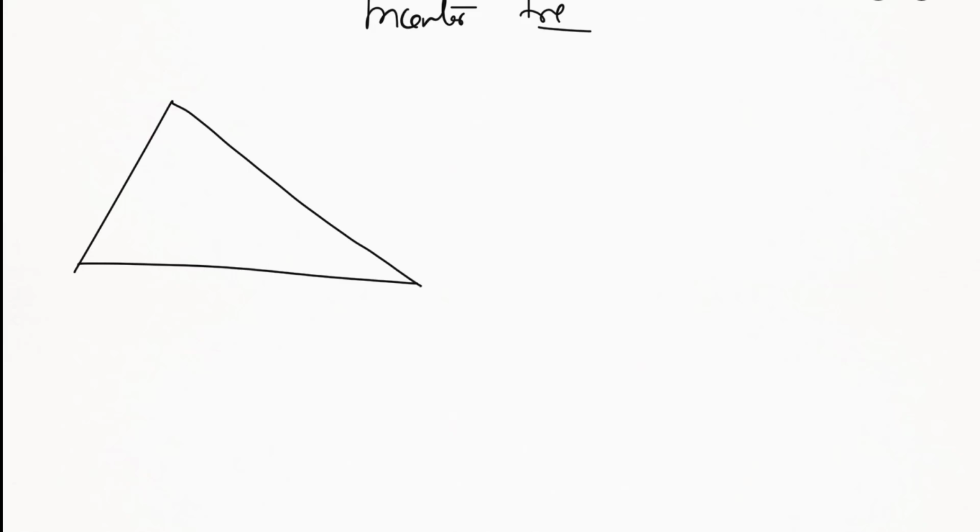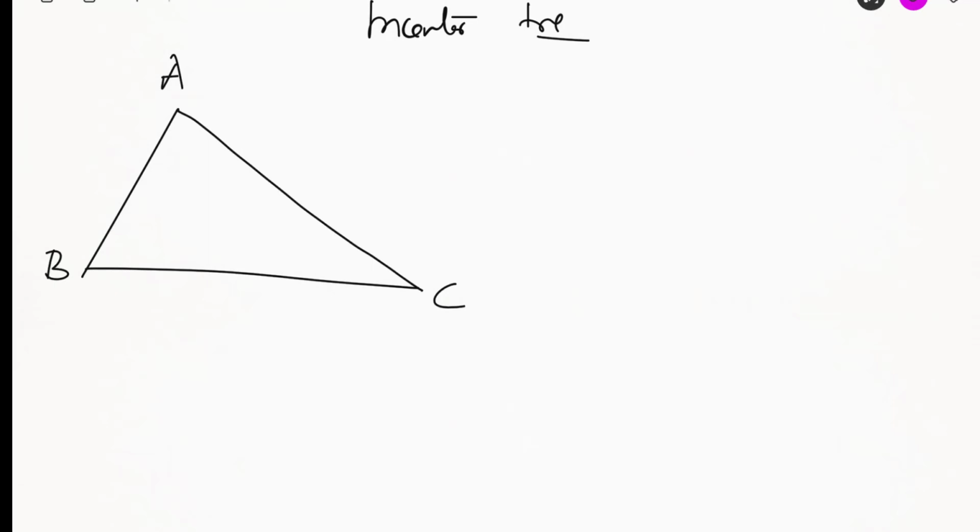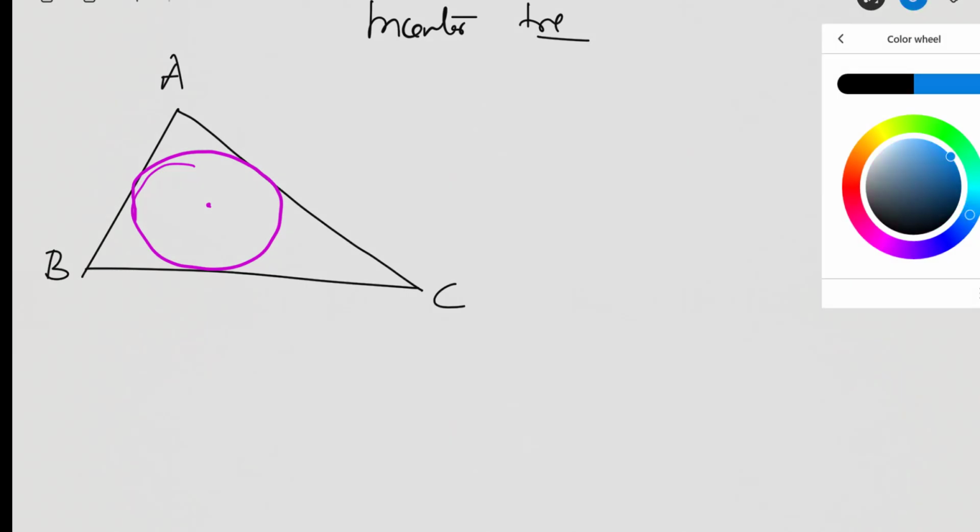Incentre. Let's draw any arbitrary triangle. Incentre is nothing but the center of the circle that touches all the sides. Hopefully this will not be a perfect circle, but okay, the circle which touches all the sides, the center of the circle is the Incentre. And how to get that point?